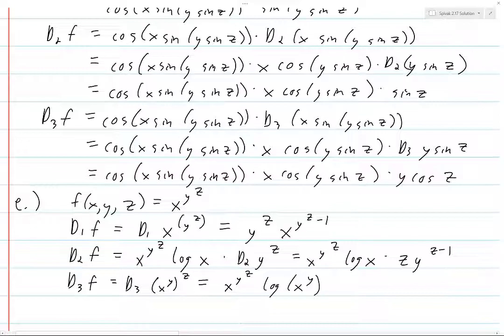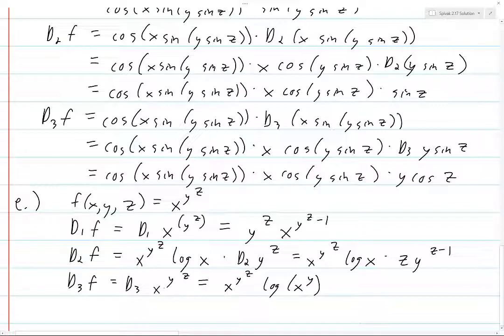x is being raised to the power of y, which is being... Oh, no, this is wrong. Because x to the power of y raised to the power of z would be x to the power of y times z. That's not what we're doing here. Oh, and now that I see this, I'm actually concerned that the first part that I did was wrong. So let's think about this. So we have x to the y to the power of z.